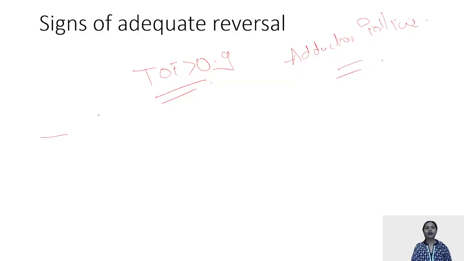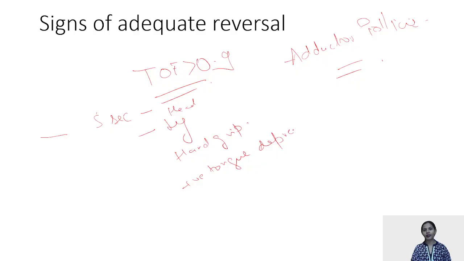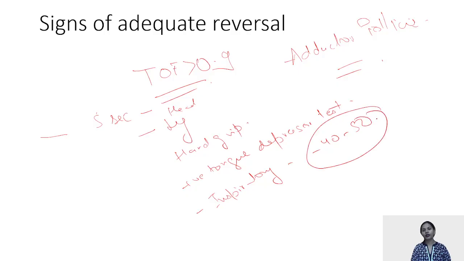Indirect signs are your 5-second head lift, 5-second leg lift, hand grip, positive tongue depressor test, and eventually if your inspiratory pressure is maintained at -40 to -50. This is the pressure that you can maintain.